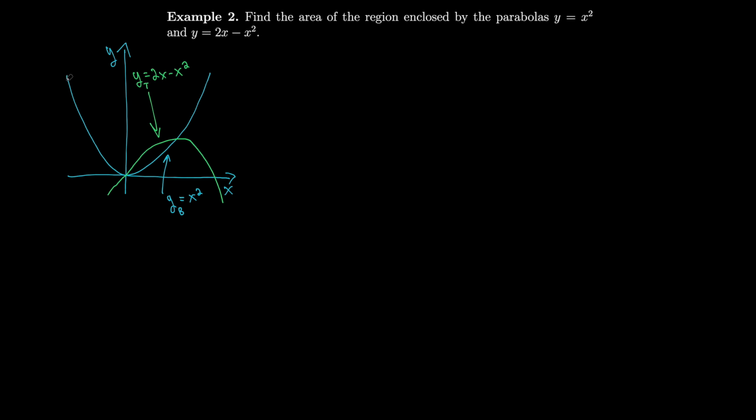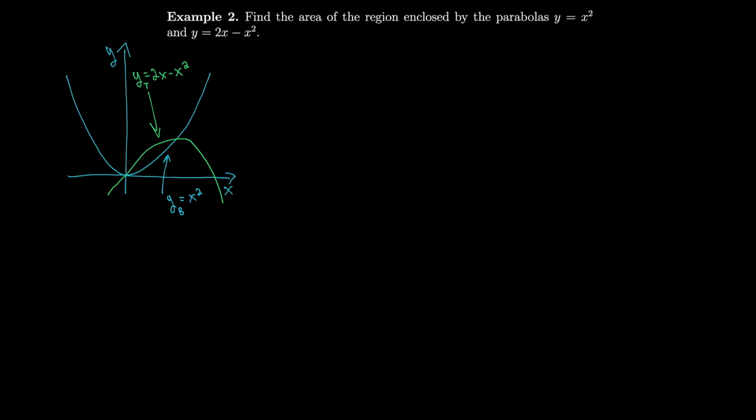Notice if you look over here, it looks like it's on the top, or if you look over here, it looks like it's on the top. But we don't care about those regions. We only care about the region enclosed by the parabolas, which is this region over here. And in that region, they switch, and the green one gets on top and the blue one gets on the bottom. So as far as our integral goes, that's all we're going to care about.